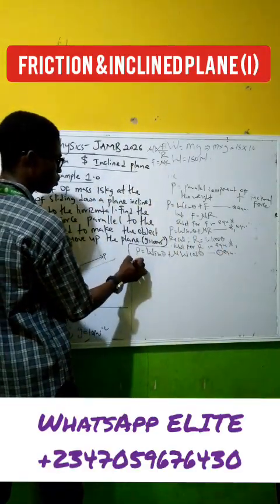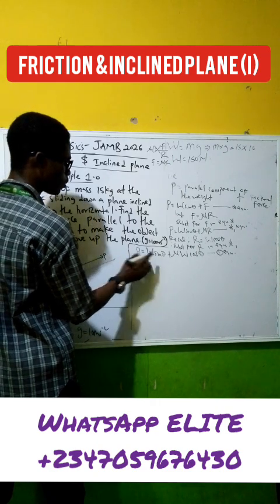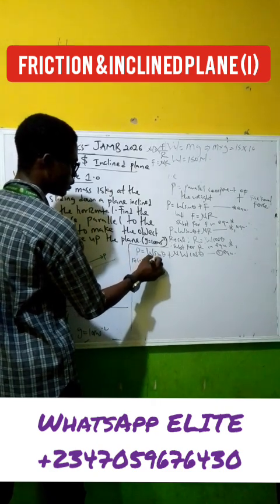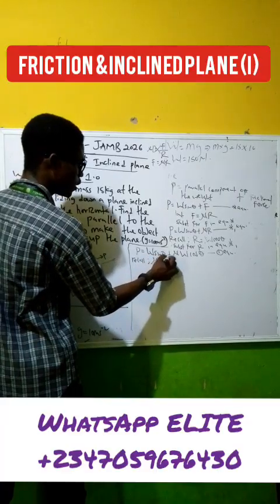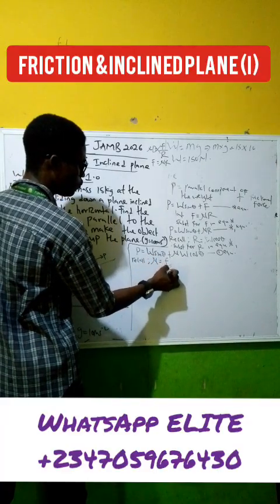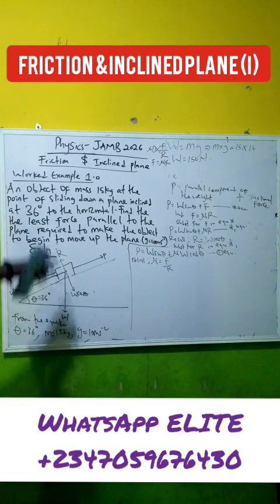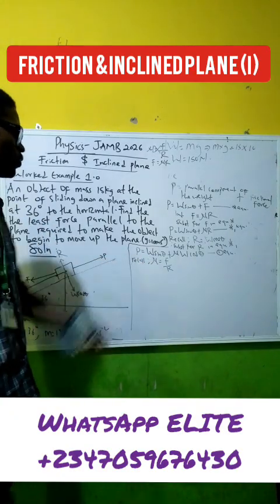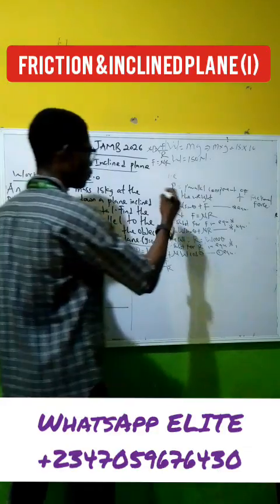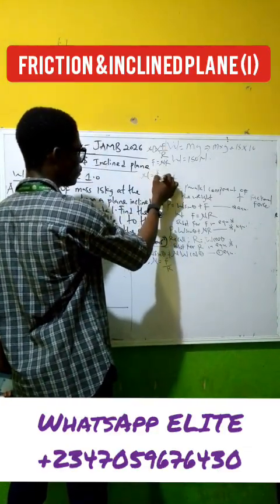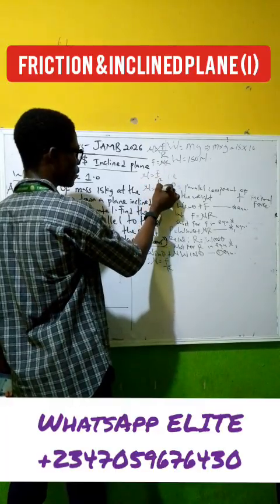Now recall that our coefficient of friction is F over R. And obviously they didn't directly give us F, they didn't directly give us R. So we have these two formulas: either the coefficient of friction equals F over R, or it equals tan theta.